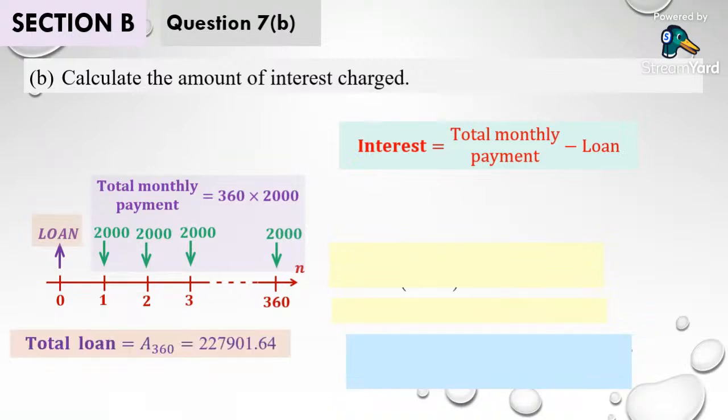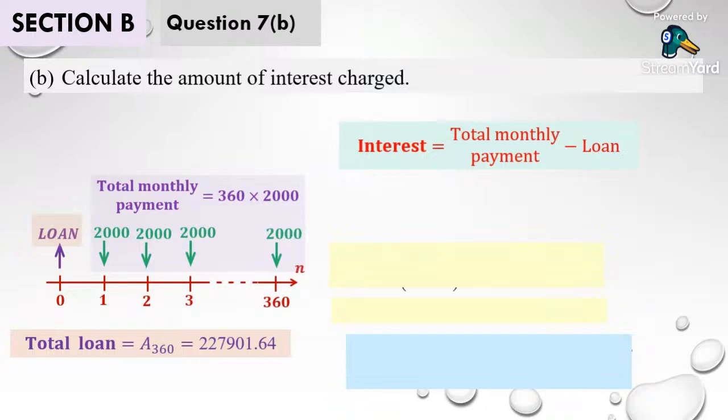Then minus the loan amount, where the loan amount we already calculated on the previous part. Watch out, the loan amount is 227901.64. It's not 25 something. 25 something is the price of the house. Some of the money of the price of the house is your own money from the down payment. It's not part of the loan, so be careful on here.